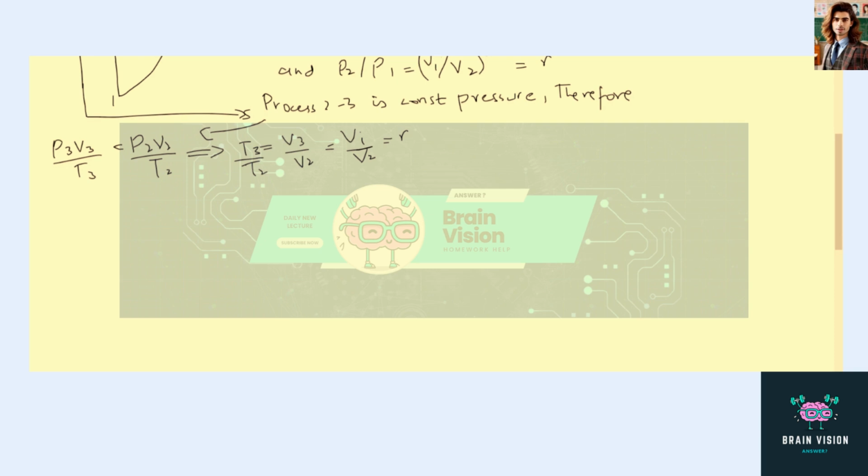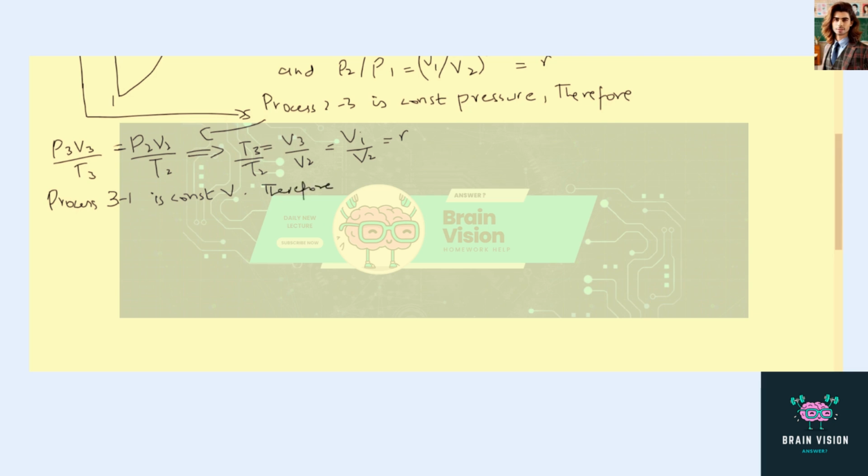So, during the next process, that is 3 to 1, it's constant volume.